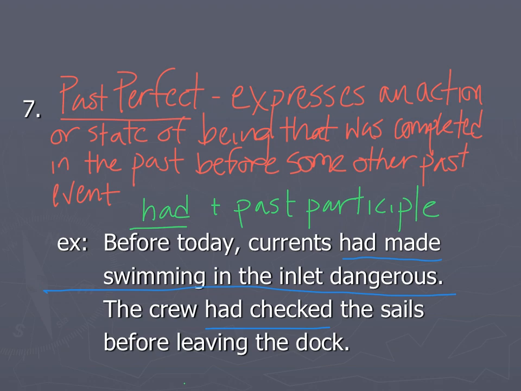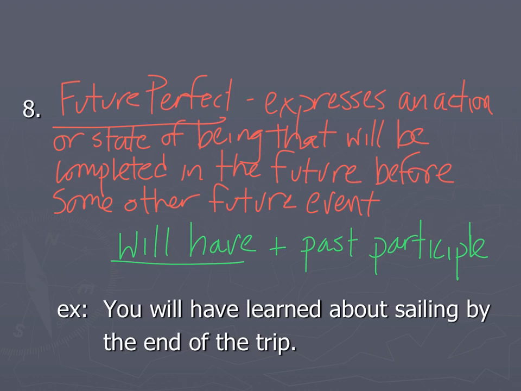And then our third perfect tense is the future perfect. The future perfect expresses an action or state of being that will be completed in the future before some other future event. In future perfect, you always have will, and then have, and then the past participle.